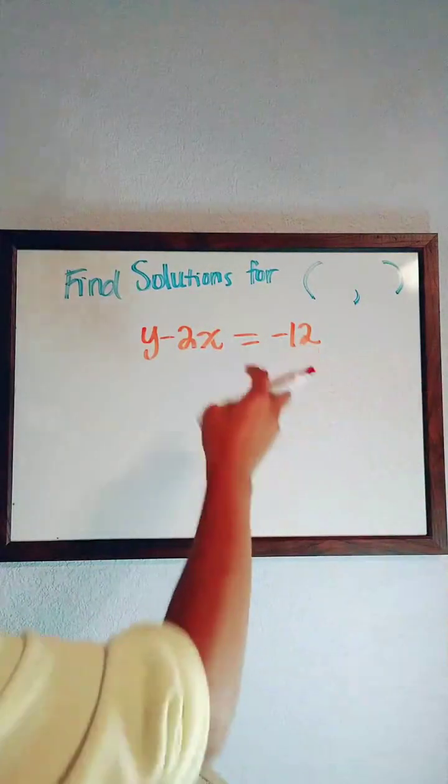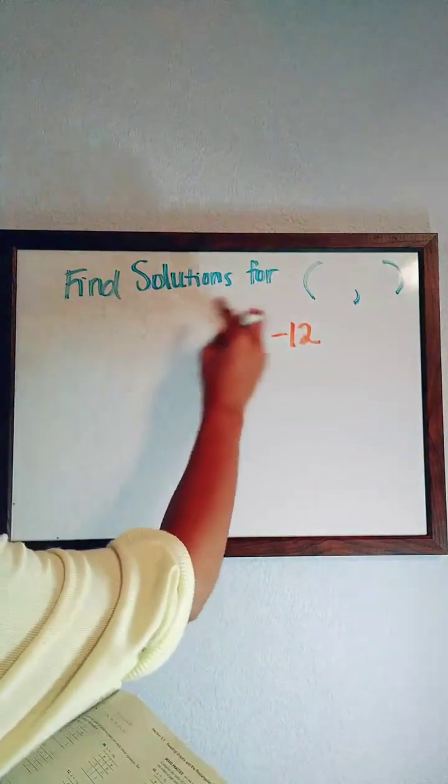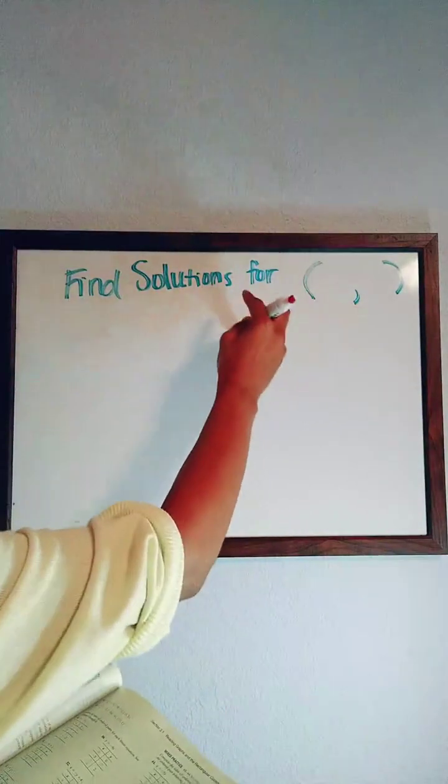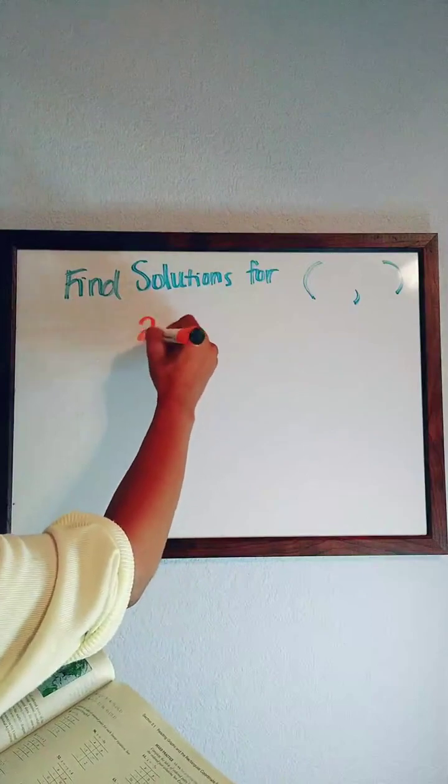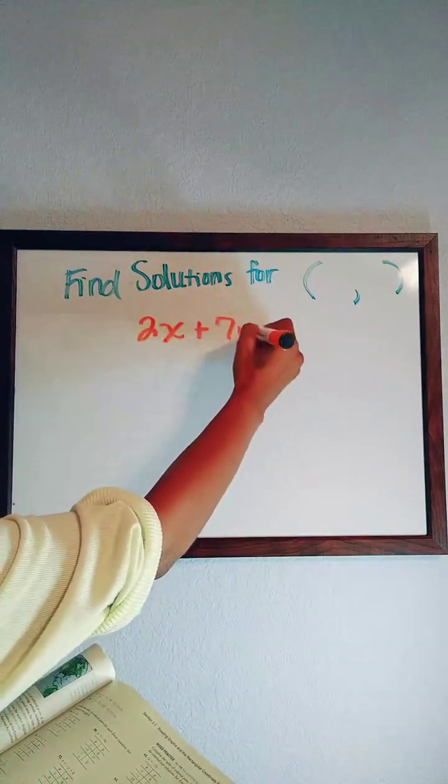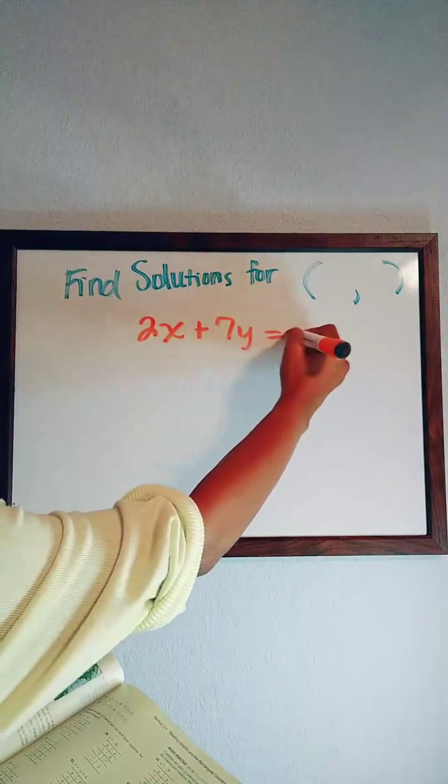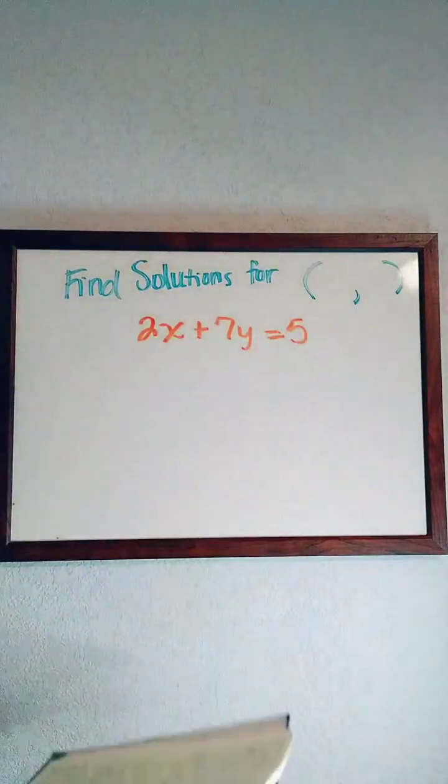Oh, no. Let's not do that one. My bad. I found a better one. I like this one better. 2x plus 7y is equal to 5.